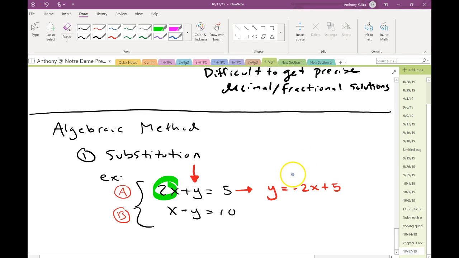Well, I know that y is equal to negative 2x plus 5. So I'm going to take what y equals, and I'm going to replace it for the y in my other equation.